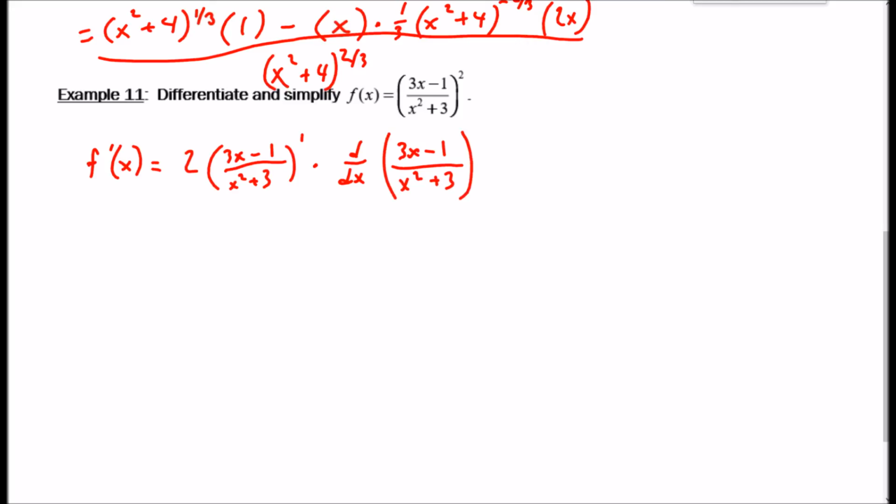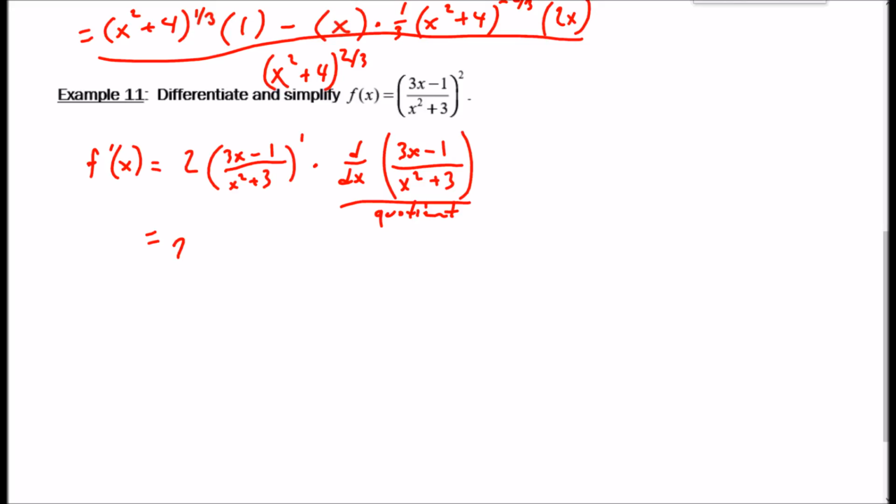Let's go over that one more time. The derivative of something to the second power is 2 times something to the first times the derivative of that something. Now, in order to take the derivative of the something, we're going to have to use the quotient rule.